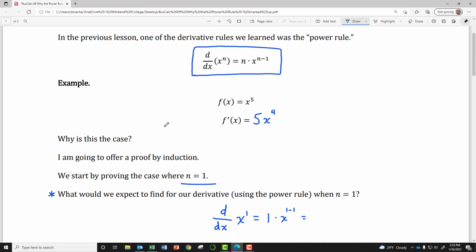So 1 minus 1 is 0, and we're talking about 1 times x to the power 0. x to the power 0 is just 1, because whatever x is, anything to the power 0 is just the number 1, and 1 times 1 is 1. So if I let n equal 1, what I expect to find for my derivative is just the constant number 1.